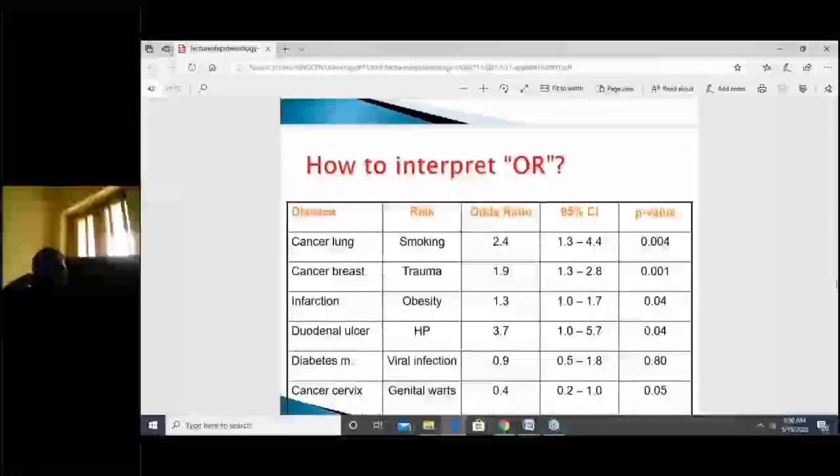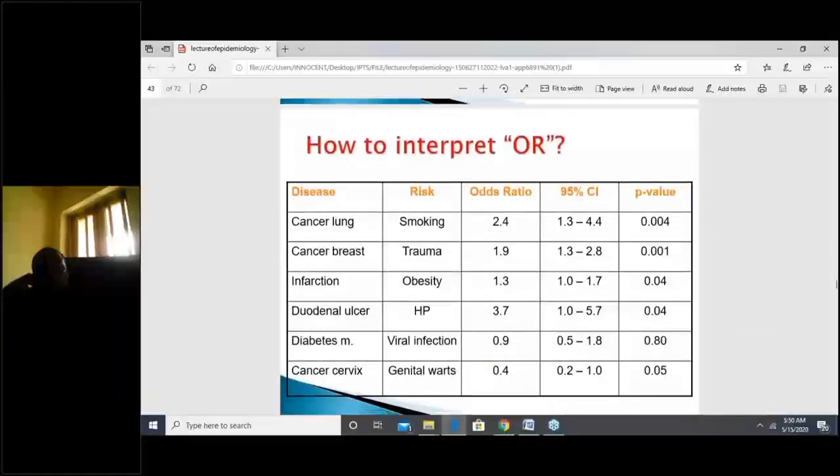So the odds ratio that vaccine will cause autism is 1.27. So how do we interpret odds ratio? Lung cancer and smoking, 2.4 is high. Now the 95% confidence interval. When you look at breast cancer, what is the risk factor? Trauma.